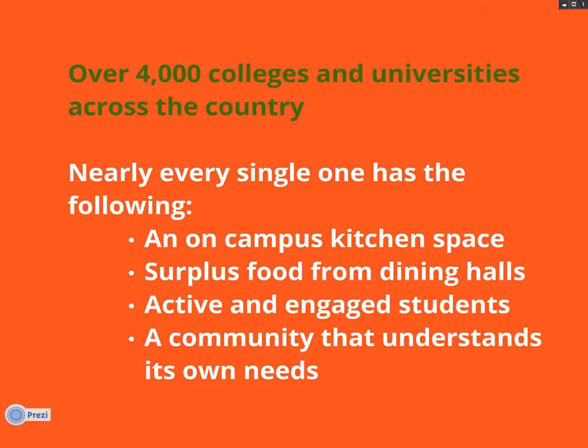There are various quantities of surplus food coming from the dining halls or on campus that is going to waste. There's an active and engaged student body that's interested in not only service but also getting real-life and marketable skills that will help them during college and after they graduate. And lastly, each of these schools resides in a community, and that community understands its needs better than anyone else.